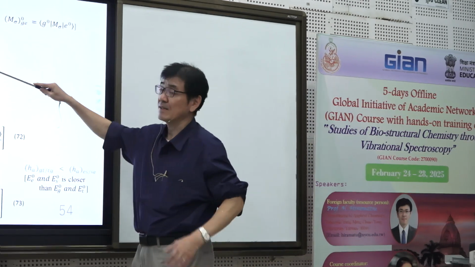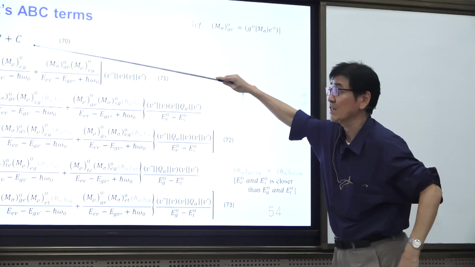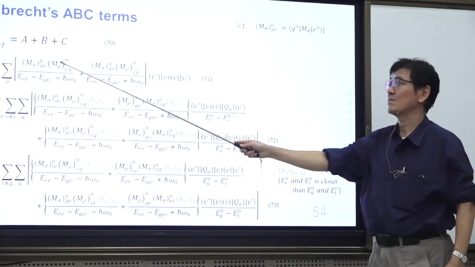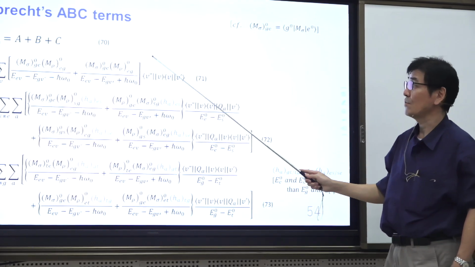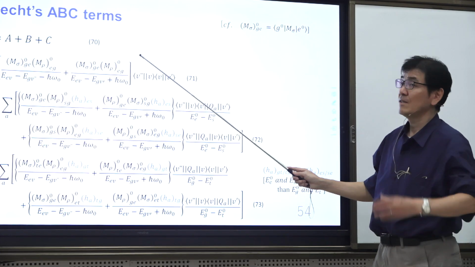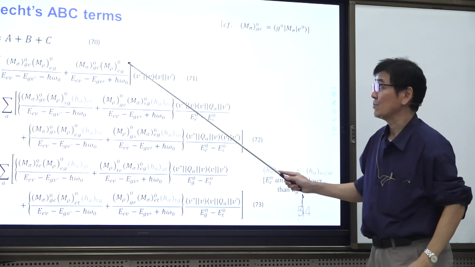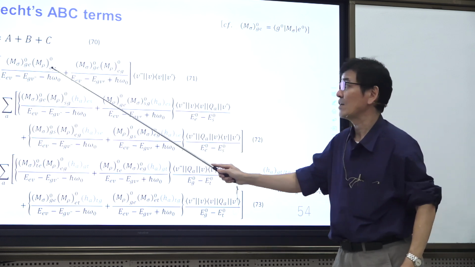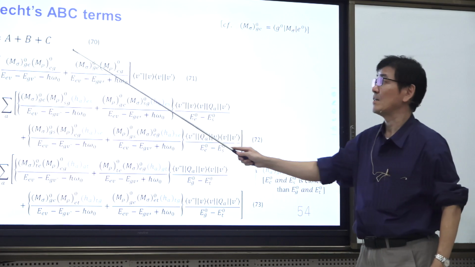And by substituting the Hertzberg-Teller expansion, we can classify it into three groups. The A group consists only of the main part of the electronic wave function. So initial, intermediate, final belong to ground, excited, excited ground, ground, excited, excited ground. So the main part gives the A term.